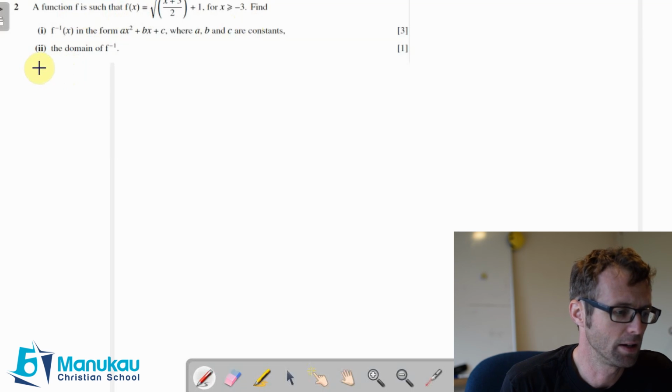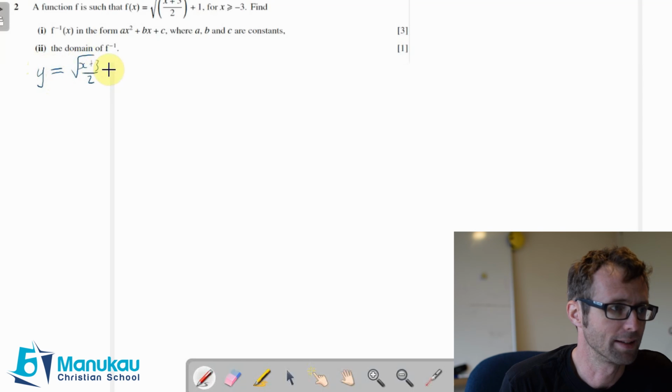My first step here is going to be to write y equals the square root of (x plus 3) all over 2, plus 1. Then I'm going to pull across the 1 to the y side, y minus 1. At this point, my next move would be to square both sides.